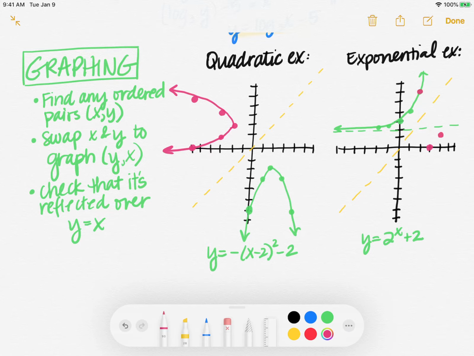This point right here, over 2 up 6, becomes over 6 up 2. This point's a little harder to nail down, but it is negative 1, and it looks like it's up 2.5. So that means we're going to go over 2.5 and down 1.